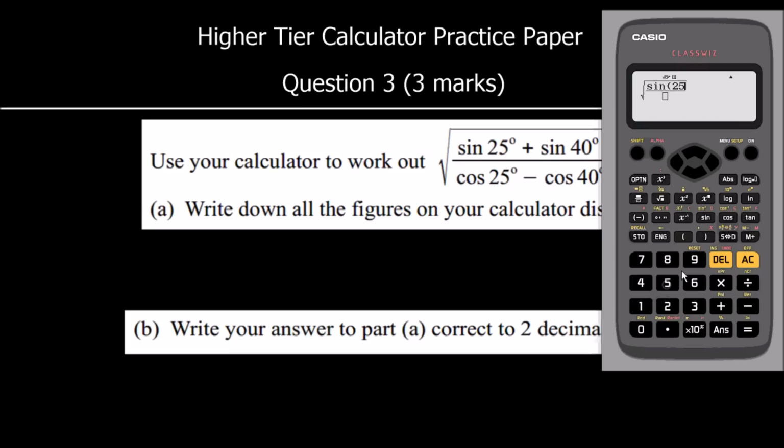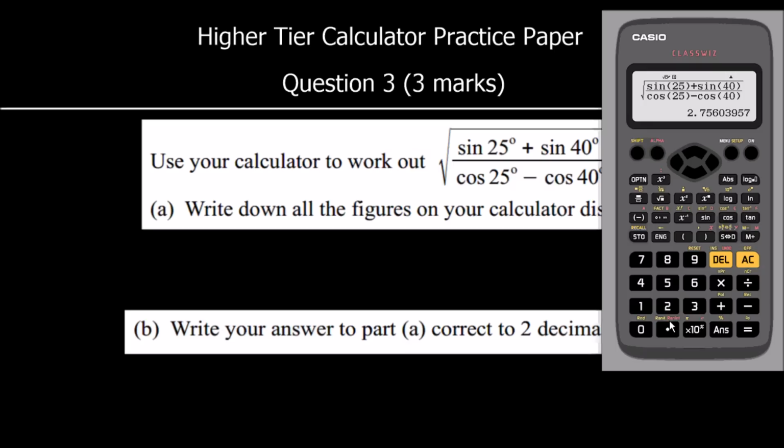So sine 25 plus sine 40 over cos 25 minus cos 40. We don't have to worry about the degrees sign. These angles are measured in degrees. The calculator knows that.